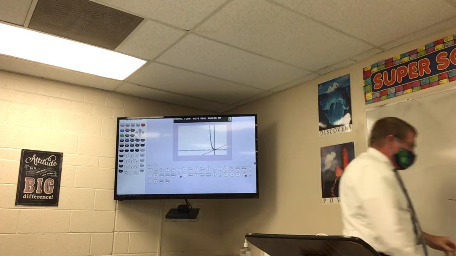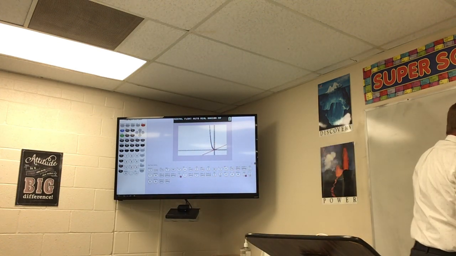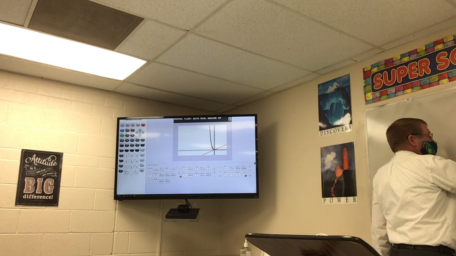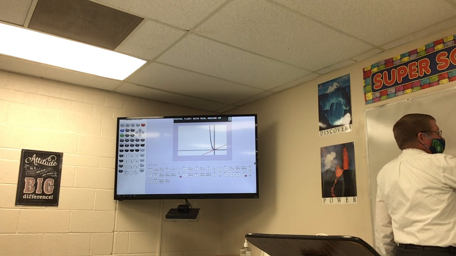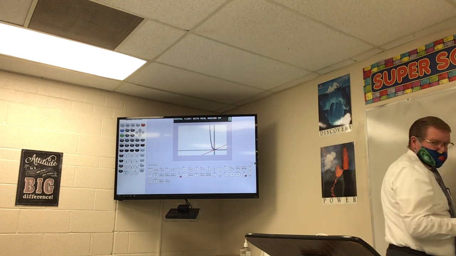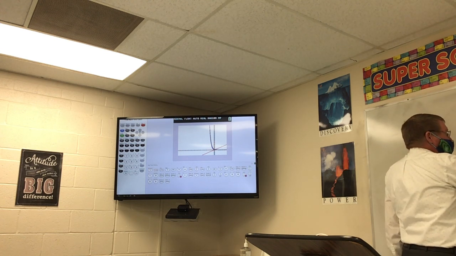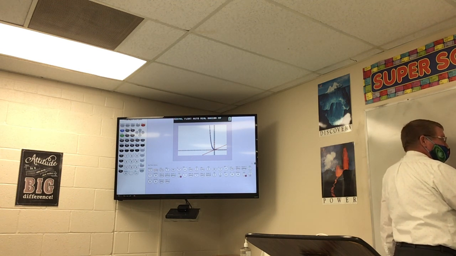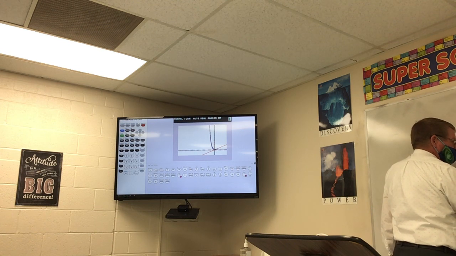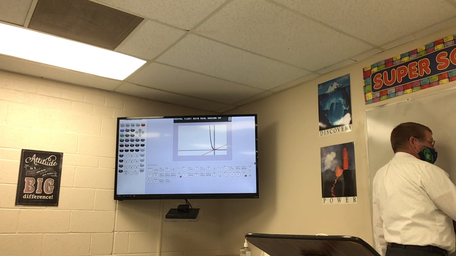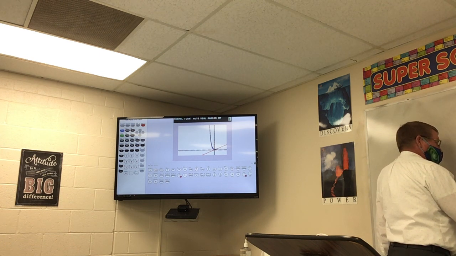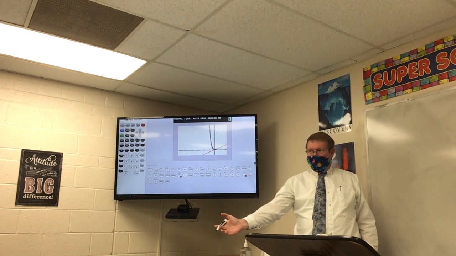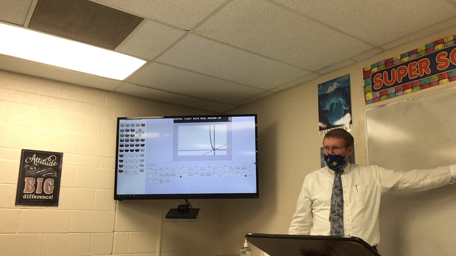Now according to what they said, what was the graph? x plus e to the negative x. My g of x is my right end behavior if this is going to equal 1.